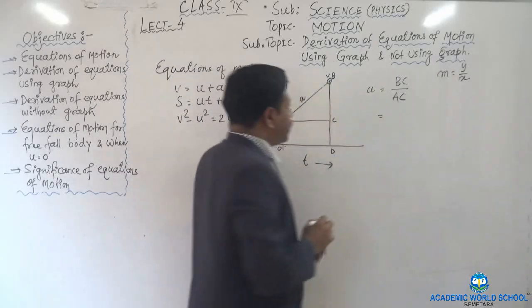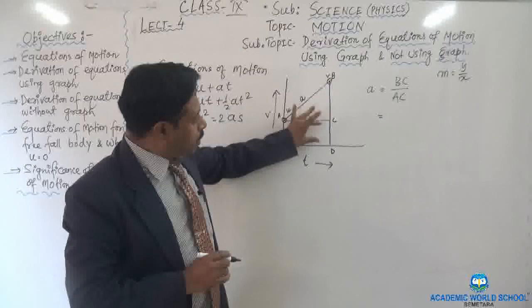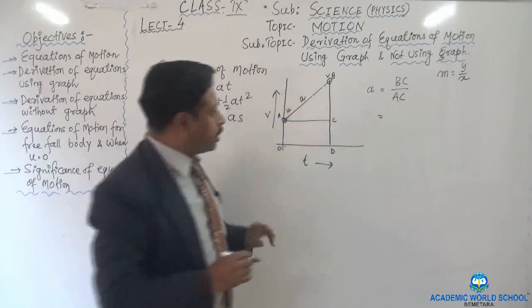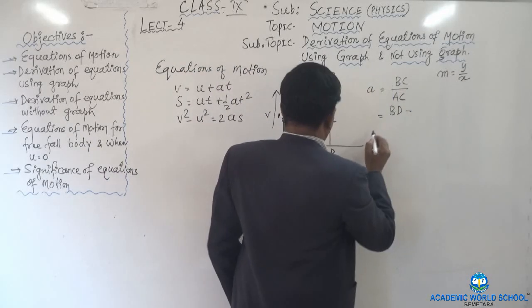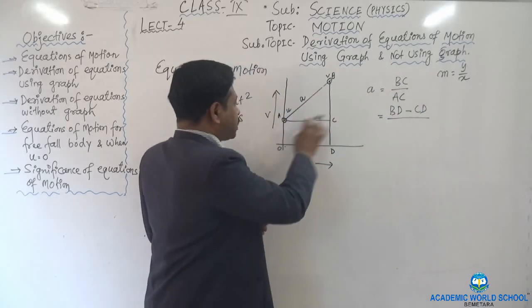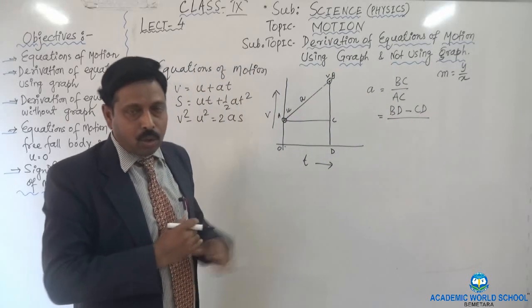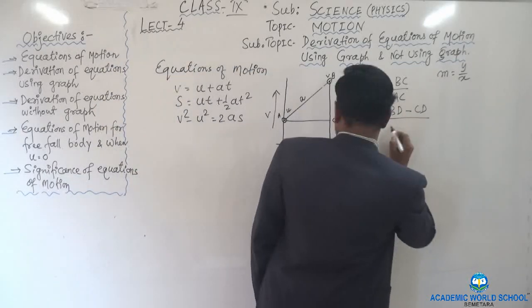Now, what is BC? How can we get BC? We can get BC by subtracting the CD from BD. Let me write down BC is equal to BD minus CD upon AC. AC is parallel to OD. What is OD? OD is the time. Okay? So we can write in place of AC, OD.